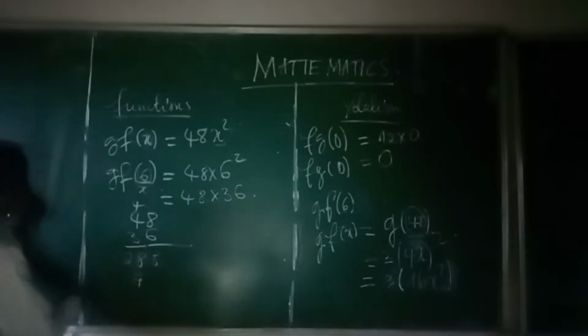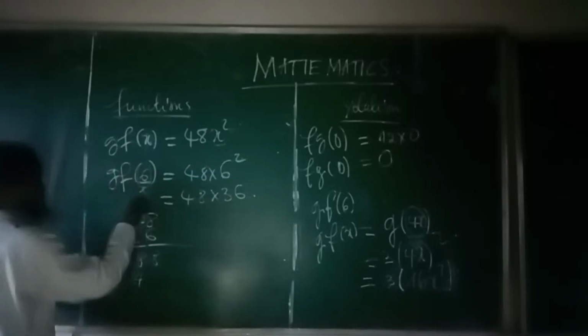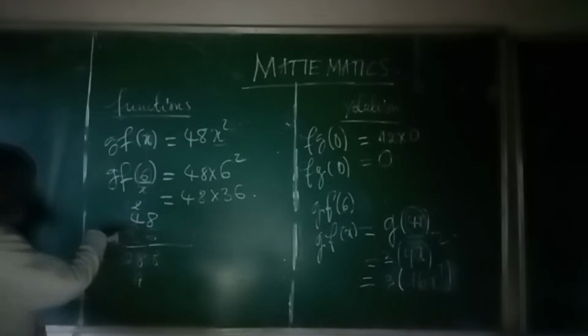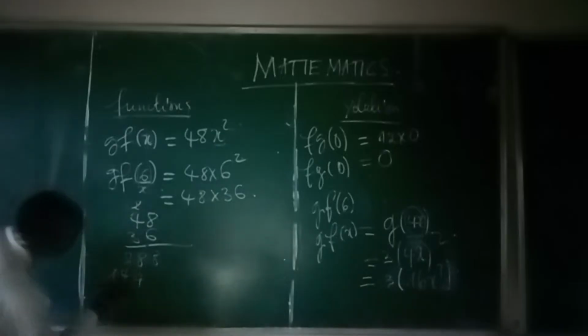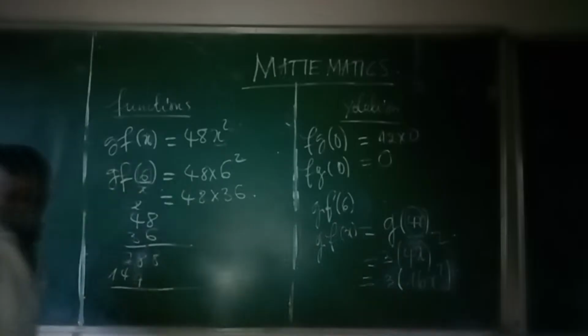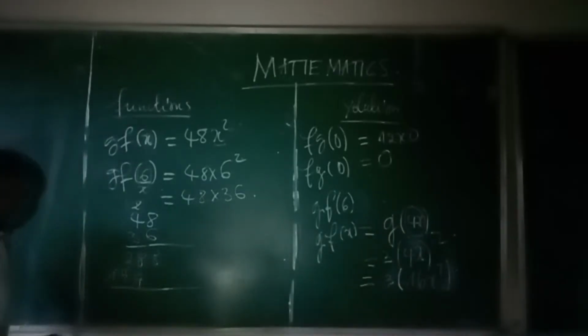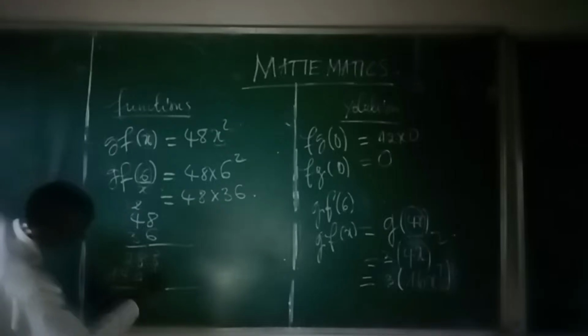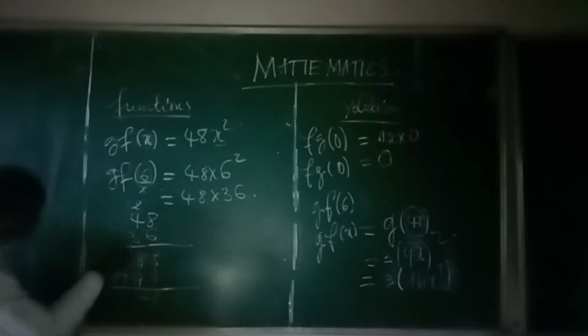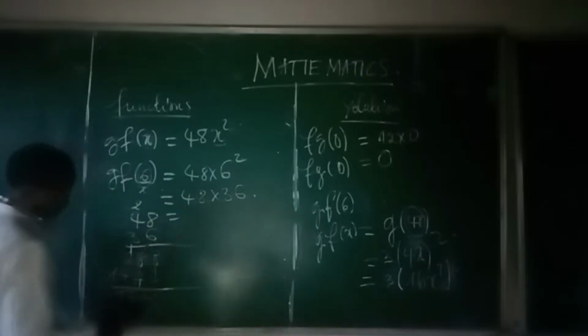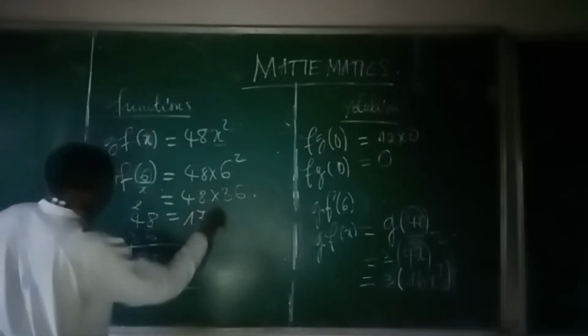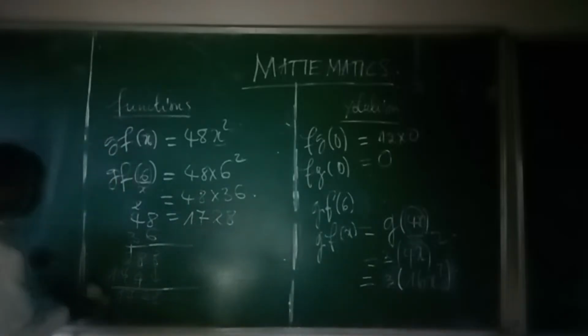You write 4 here and you put 2 here. 3 times 4 is equal to 12, plus 2 is equal to 14. Finally, we should have 8, then 2, then 1, 7. So now it will be 1, 7, 2, 8.